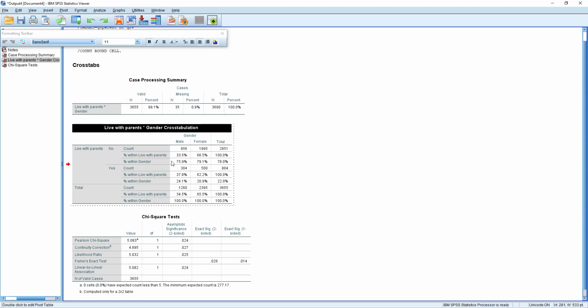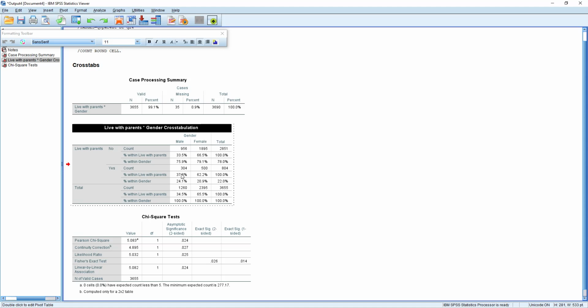If we look at the next percentage row here, this is the percentage within gender. We can see that of male students, 75.9% are not living with parents. In contrast, if we look at female students, we can see that 79.1% are not living with their parents.